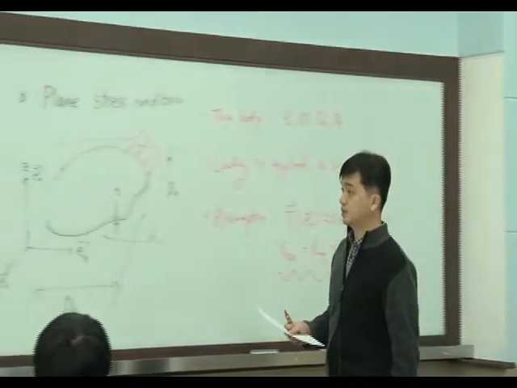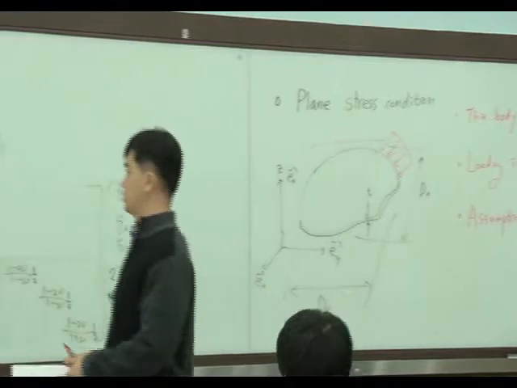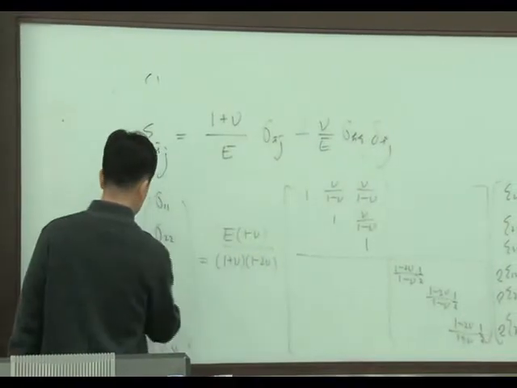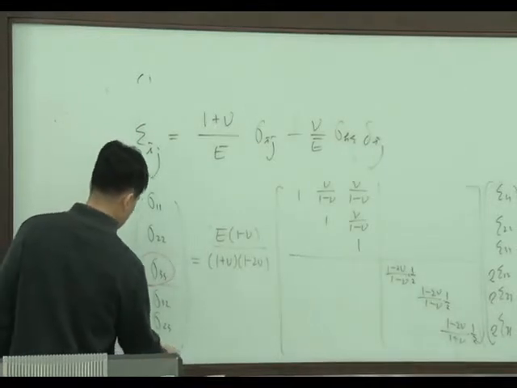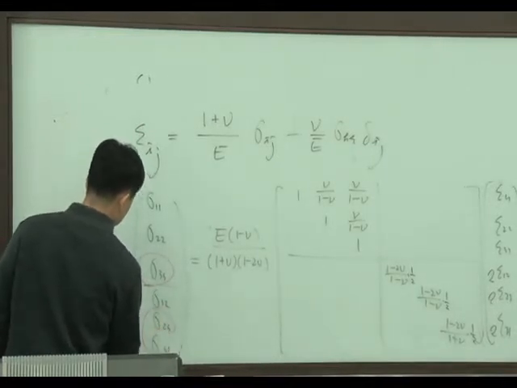So in the plane stress condition, the 33 component is considered to be 0, and these are considered to be 0.